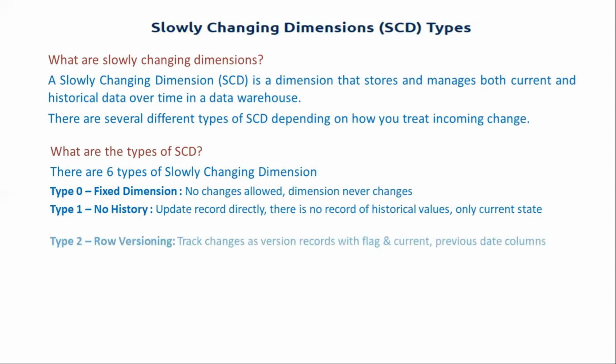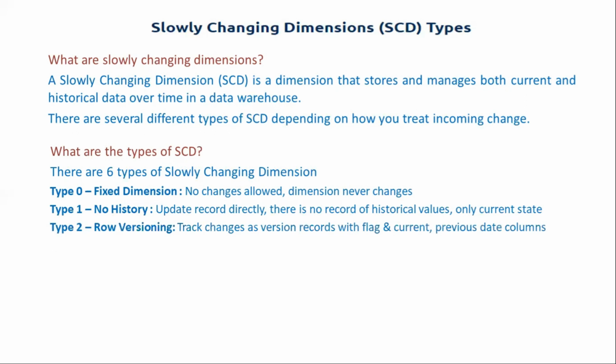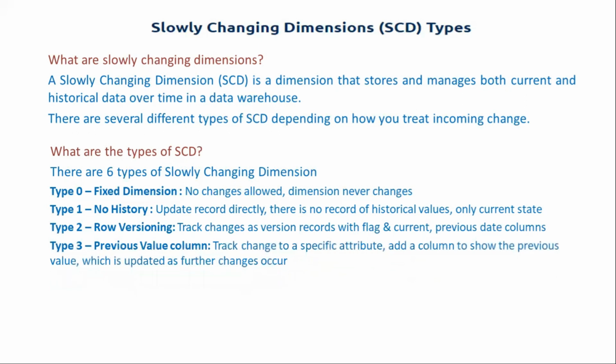Okay, and coming to type 2, this is the main one, it is history. We will try to maintain the history of previous records along with the current record. We'll discuss each type in detail. No need to worry. First of all, try to understand at a high level. Coming to type 3, if you observe, in type 2 whenever a new record comes, we add it on a row basis, whereas in type 3 we add those details on a column basis.